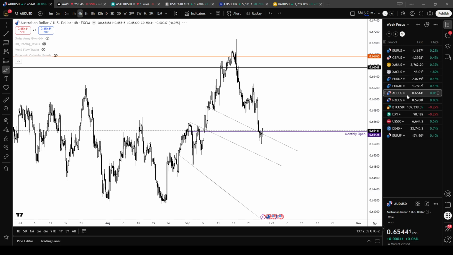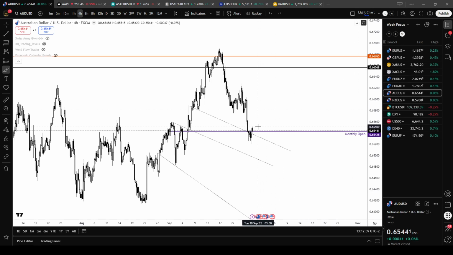There's also the fact that I look at AUD against the dollar and Euro AUD to get a grasp on which market is going to be stronger or weaker.